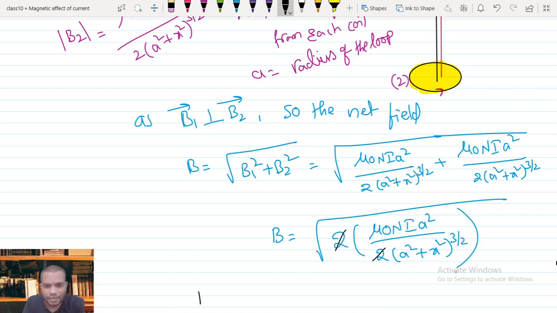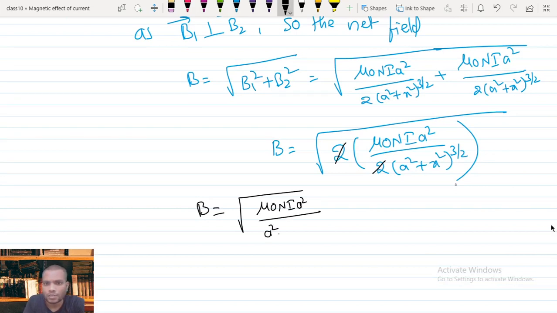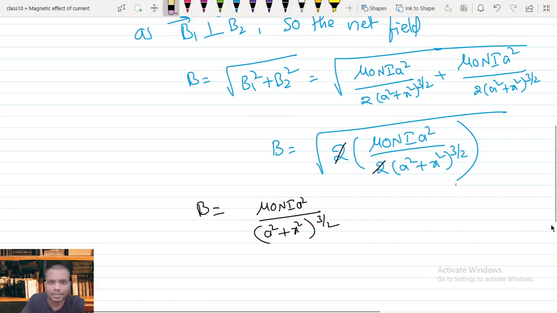So the magnitude B equals under root mu naught n I a square upon (a square plus x square) whole power 3 by 2, or I would like to represent the under root as the whole bracket power 1 by 2.